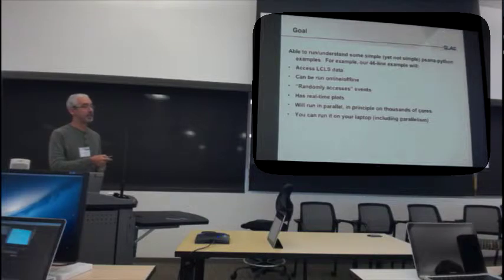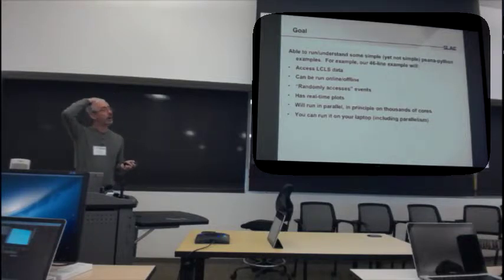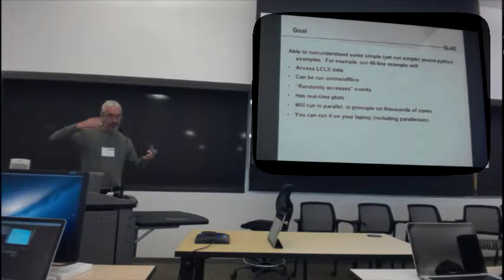It's not like C or C++. And you can run this on your laptop, including the parallelism. You can run it on your Mac, or on Windows using this VirtualBox idea. So the software that I'm going to show you is going to run on this laptop. Again, it's a new feature: you just wrap the whole operating system into this one file.